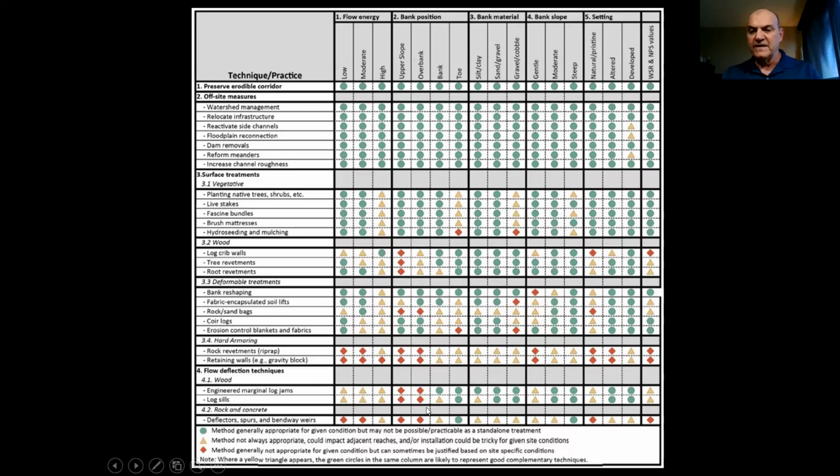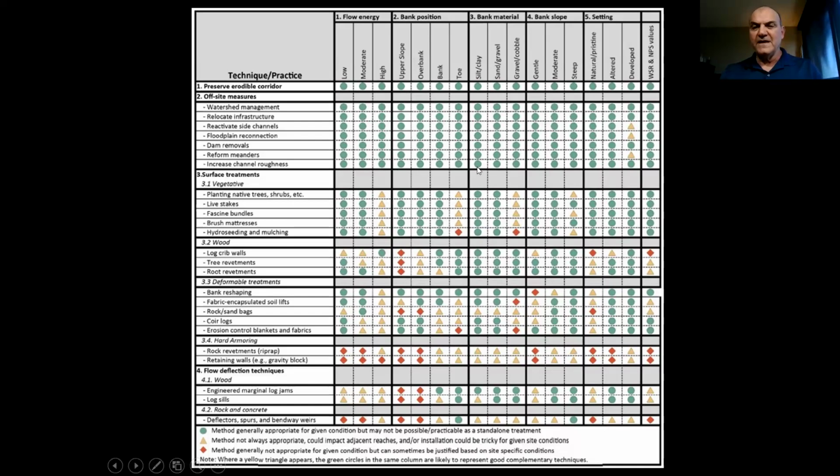You'll see a lot of red there. Again, trying to maintain that natural river process is the goal of this document, especially when in use in wild and scenic river systems or National Park Service.